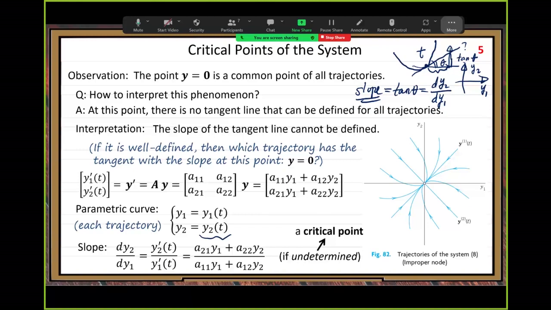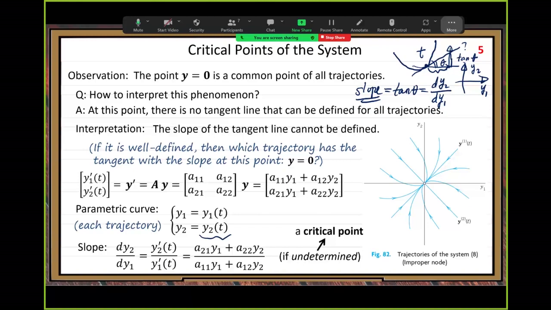You may have several critical points. Here we just look at one. Given an ODE, you may have several critical points, so we need to study those critical points one by one.